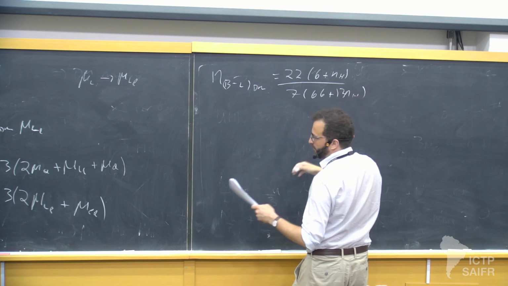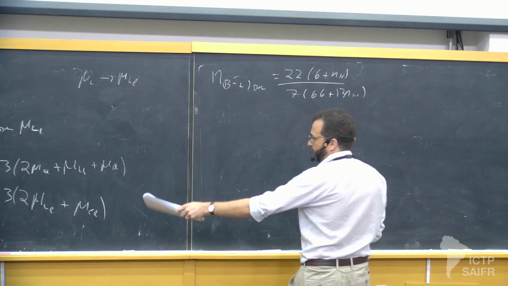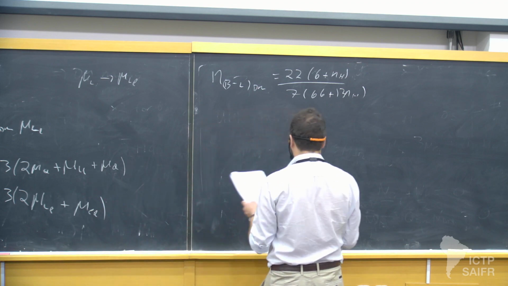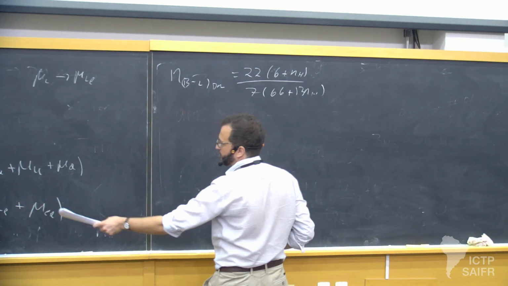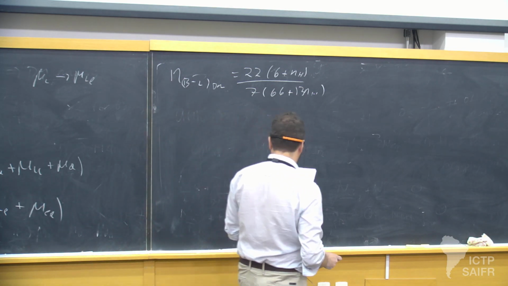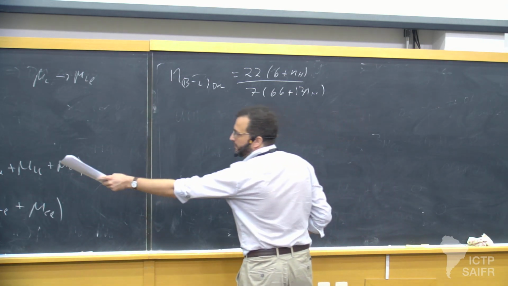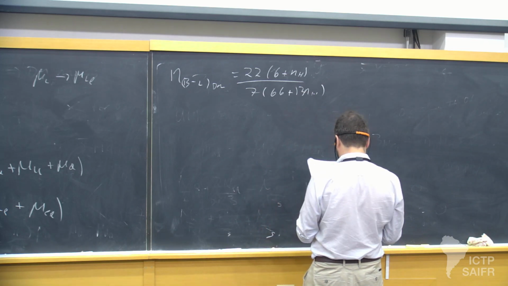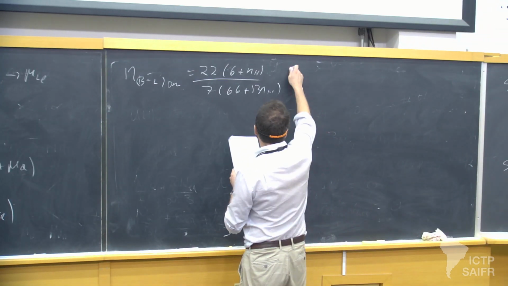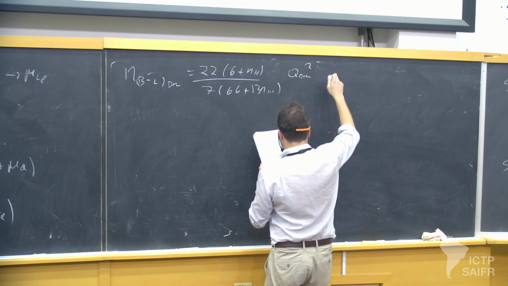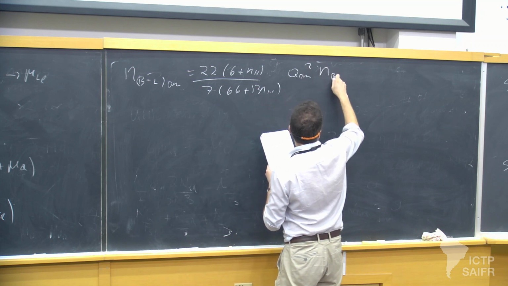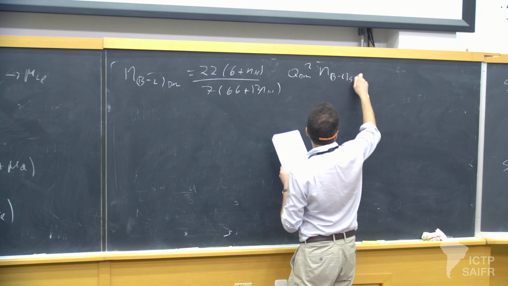So this just comes from solving that system of equations for all the chemical potentials that can all be related to a single one, which you can take to be the chemical potential of the N B minus L, N_L. Okay. Q dark matter squared N B minus L of the standard model.